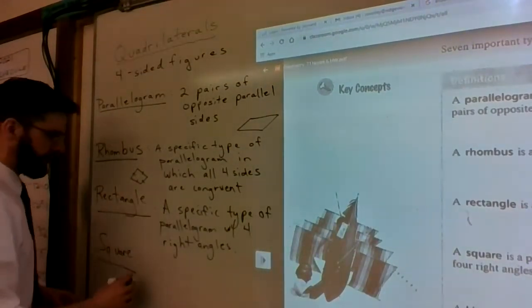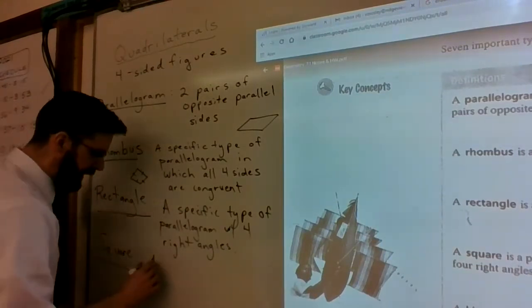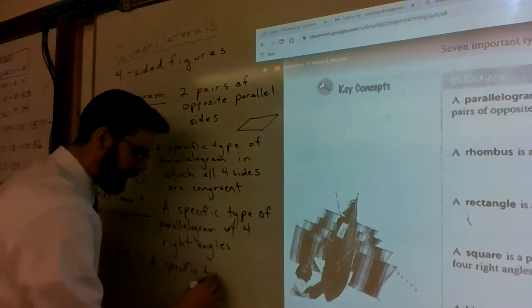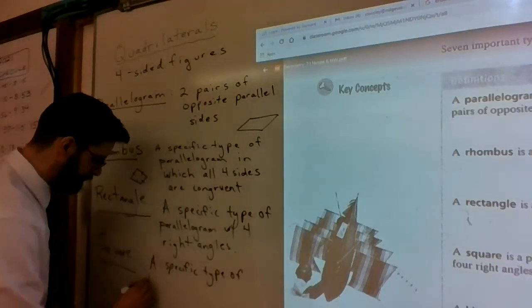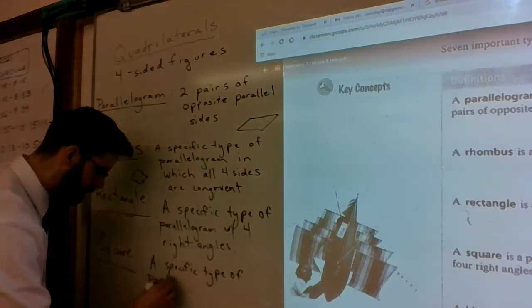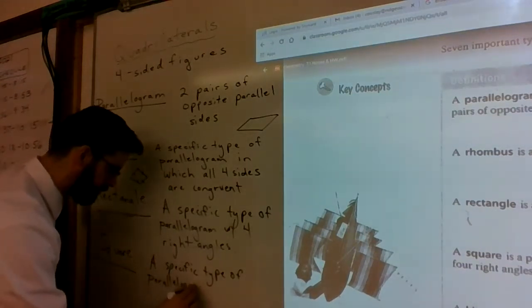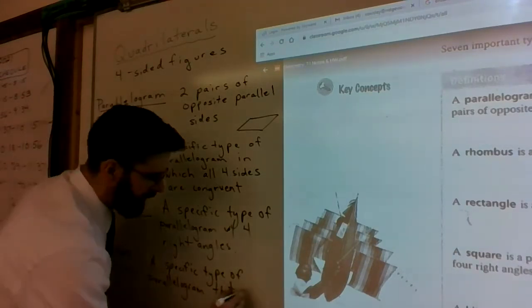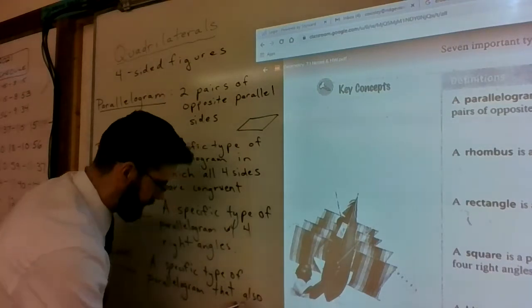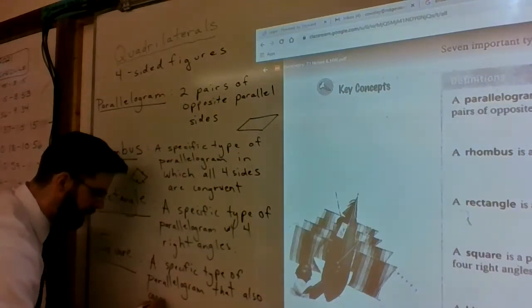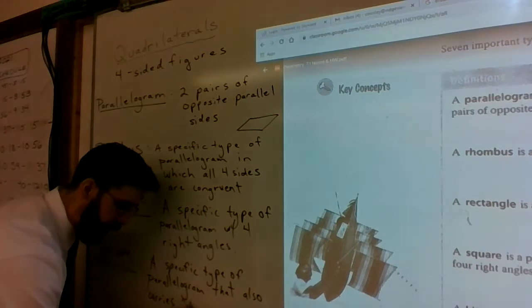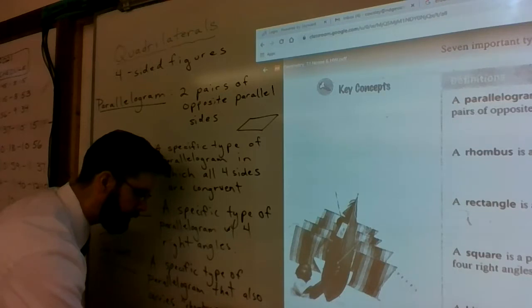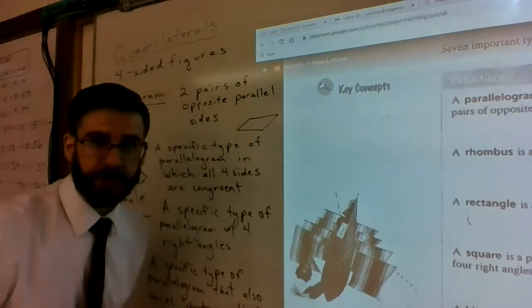And then lastly, a square is a specific type of parallelogram that also carries rhombus properties, so all four sides are the same, and rectangle properties.